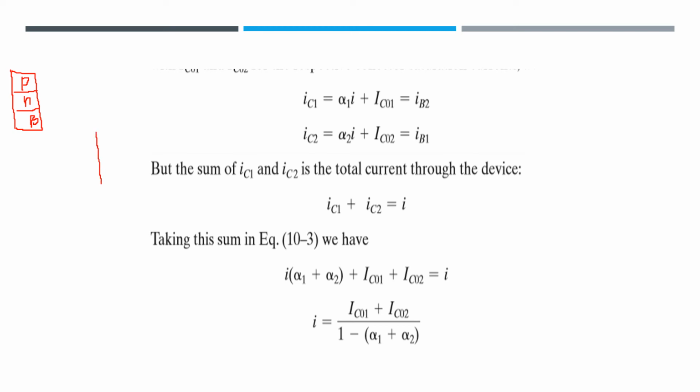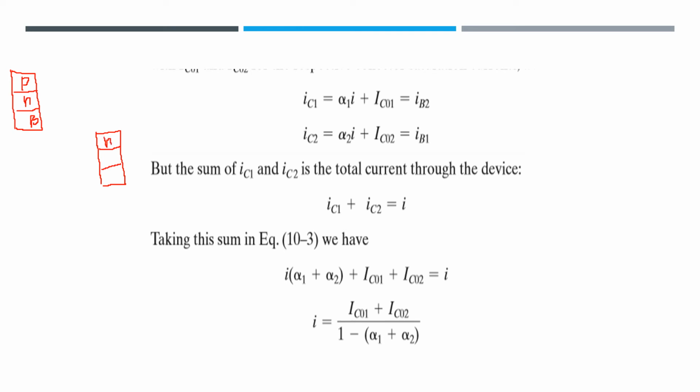And here we have an NPN transistor, because we have a PNPN diode and we have divided it into two types of transistors like this.